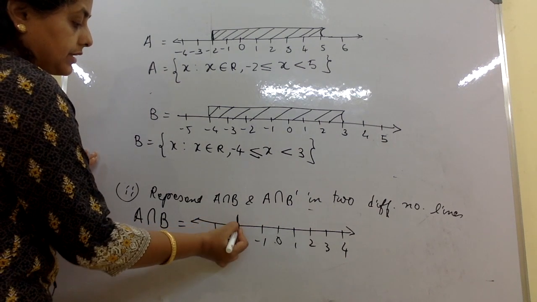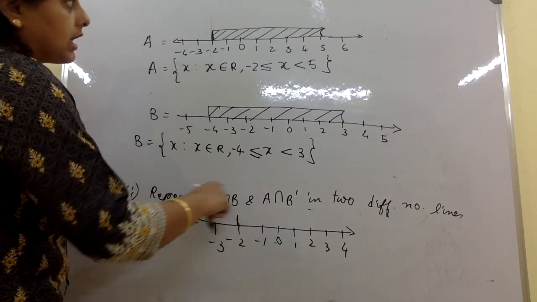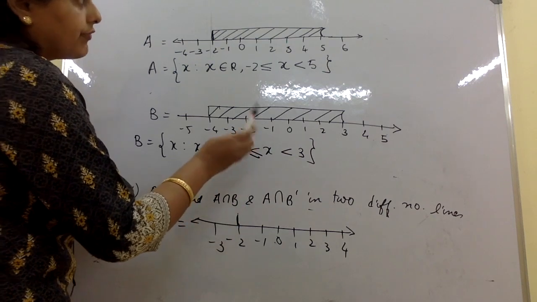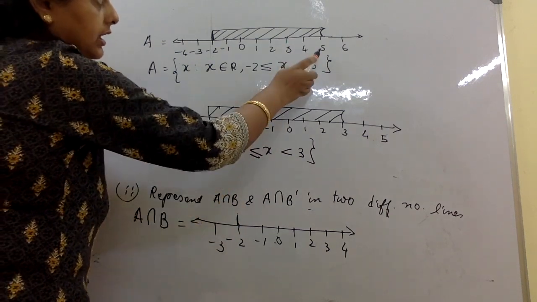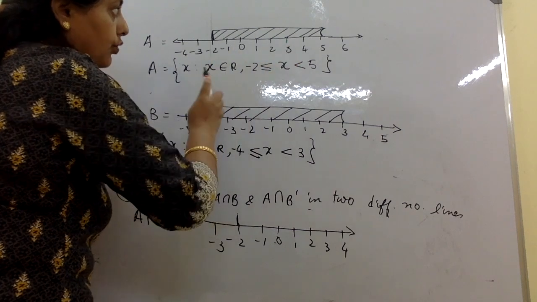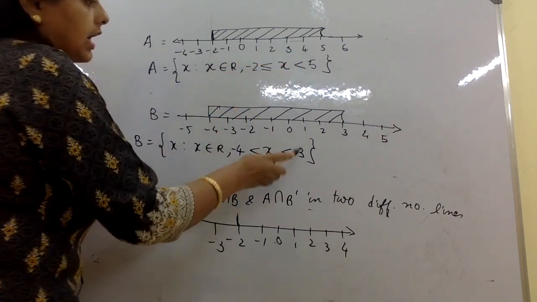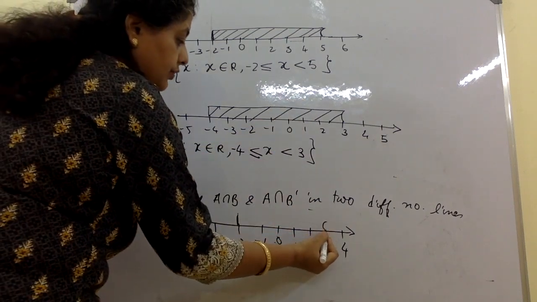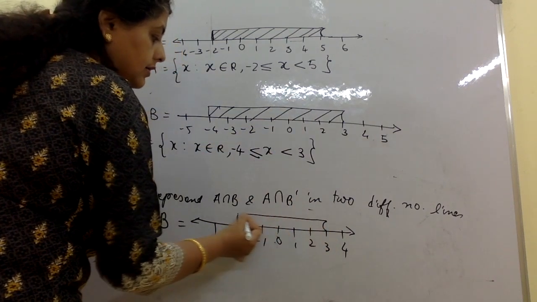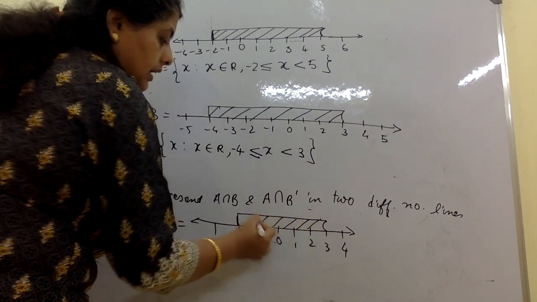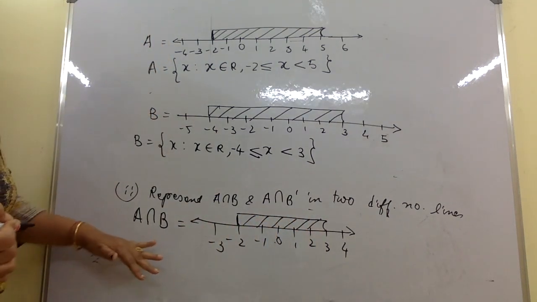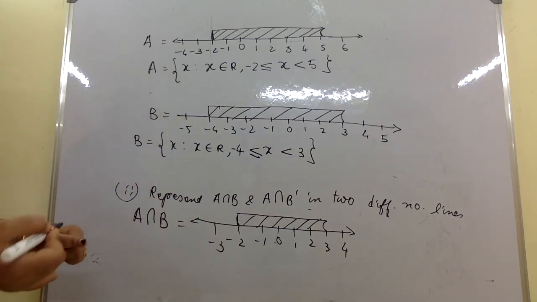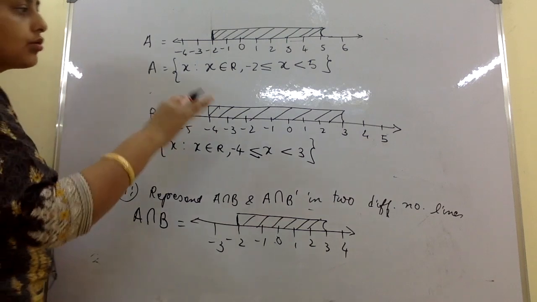So I'll put a straight line here and then from here I will go till the end of this, but then where will I stop? I cannot take 5, I cannot take 4, I cannot even take this region. I have to stop at 3, in fact before 3. So I will have to do this curved line here. So this is my graph for A intersection B. Okay, note one thing, I have taken only the common area.